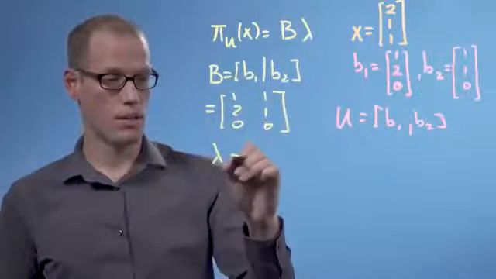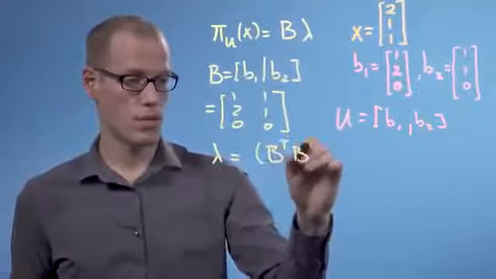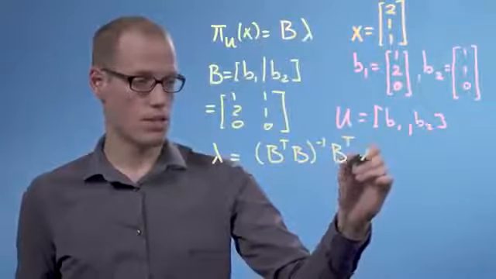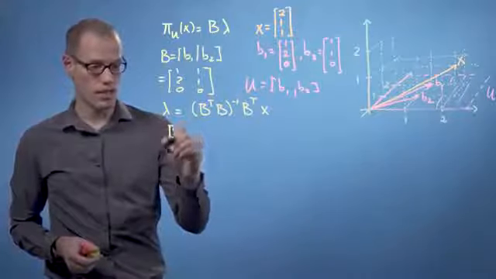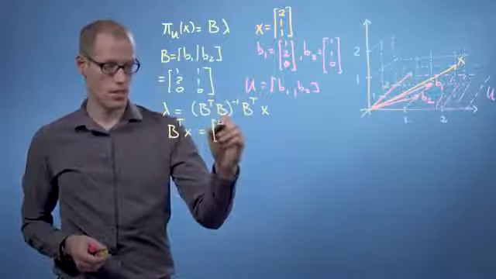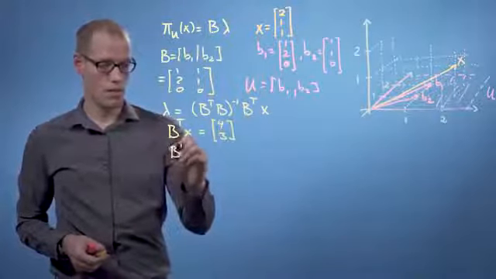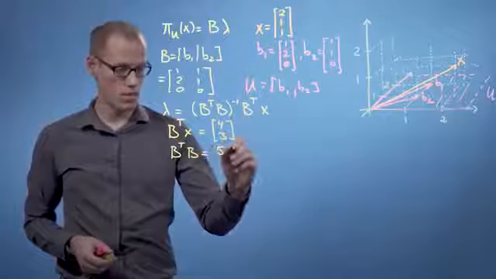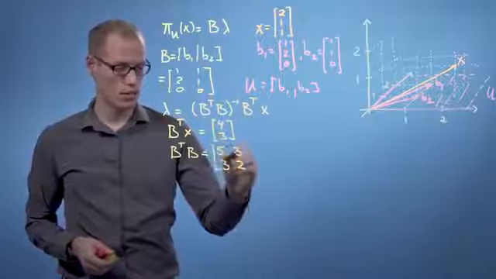And lambda was given as (B transpose B) inverse times B transpose x. B transpose times x is given as the vector (4, 3). B transpose B is a 2 by 2 matrix, which is (5, 3; 3, 2).